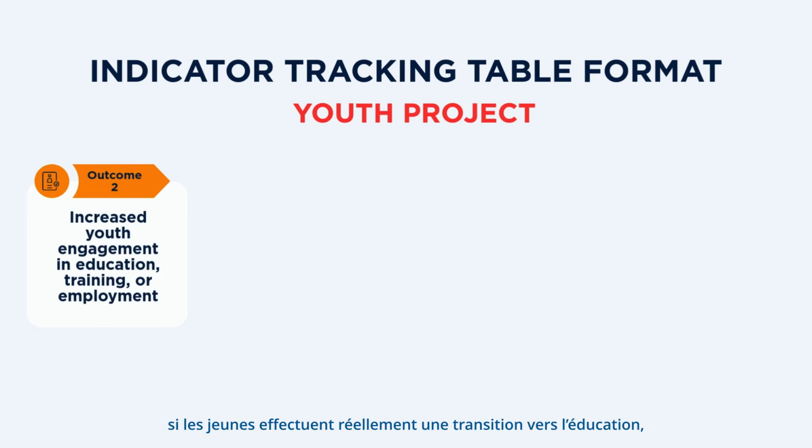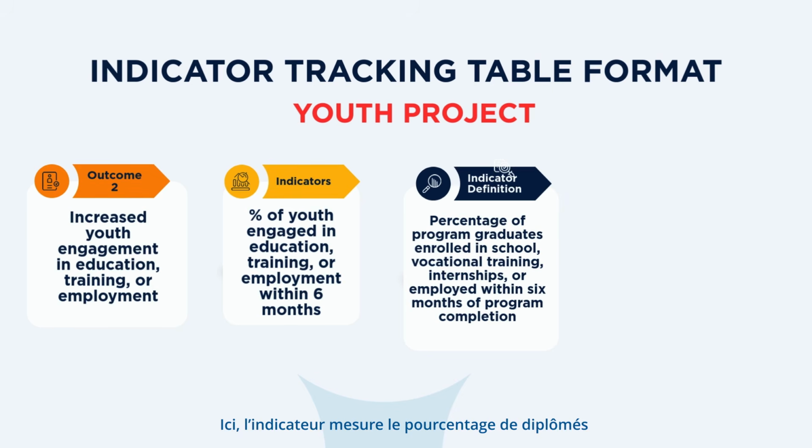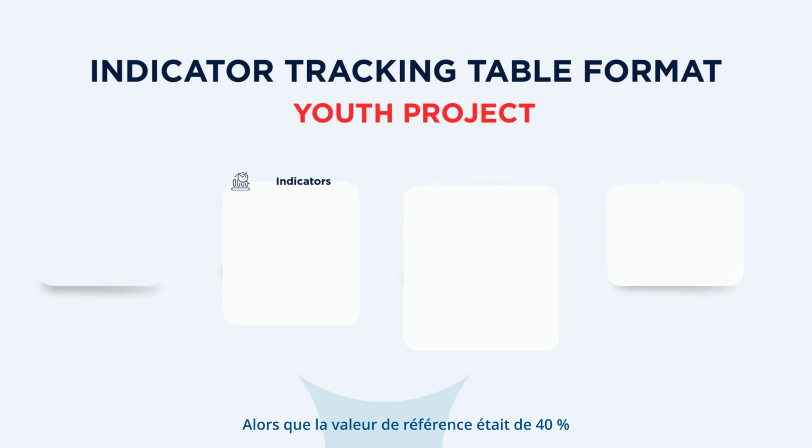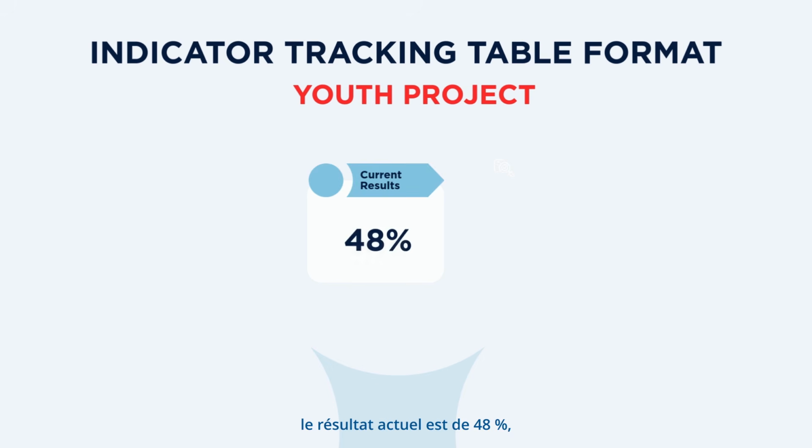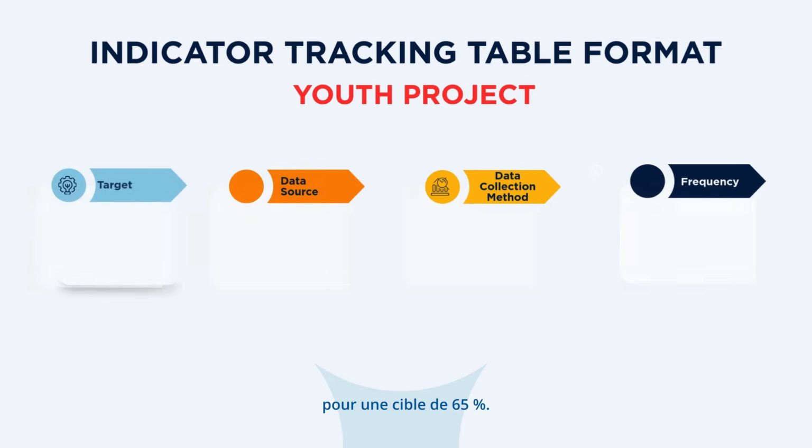The second outcome looks at whether youth actually transition into education, training, or employment. Here, the indicator measures the percentage of graduates engaged in one of those pathways within 6 months. While the baseline was 40%, the current result is 48% with a target of 65%.